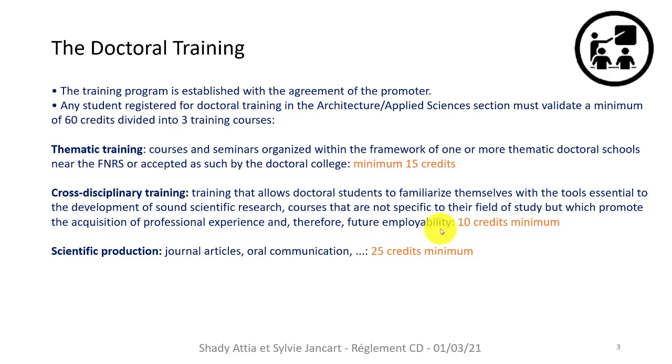Here we are talking about a minimum of 10 credits, and this involves soft skills overall, also skills related to knowledge valorization, startups and the business world. And finally, the scientific production. Here we are talking about published journal articles, conference articles, oral presentations and posters.